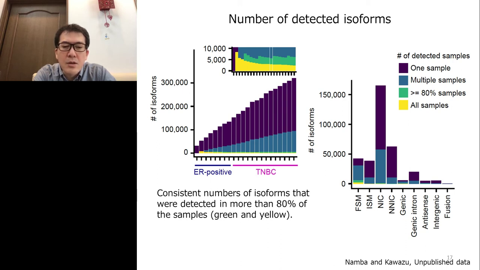But substantial numbers of NNIC were detected in multiple samples. About 2,700 isoforms were detected in all the samples, and most of them were categorized as FSM.